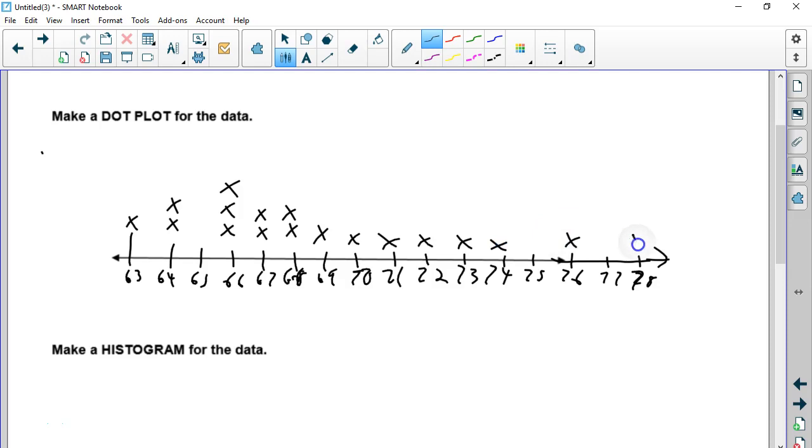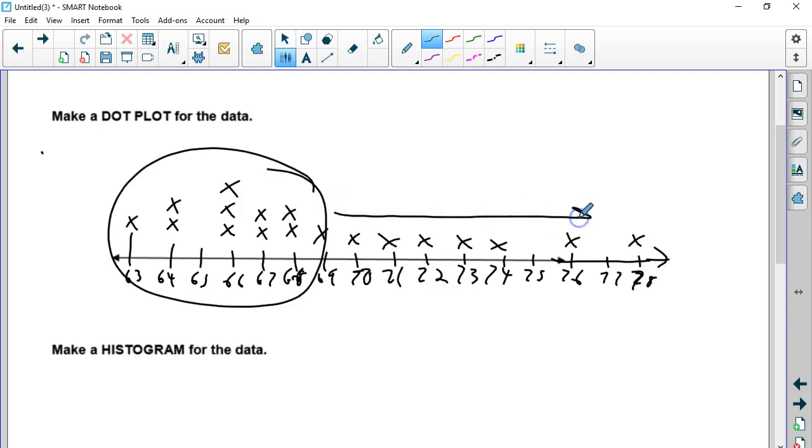And there's a 78. Now, again, skewing is easy to get backwards. The bulk of the students' heights are down here, but we do have some taller kids pulling this graph to the right.